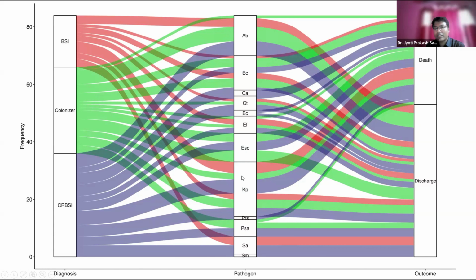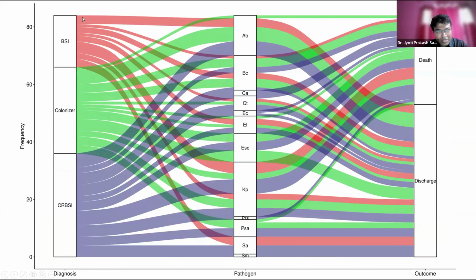So just by looking at this, we can tell that the Klebsiella pneumoniae isolates were more in number as compared to the other ones, right? This one actually swaps throughout the slide.